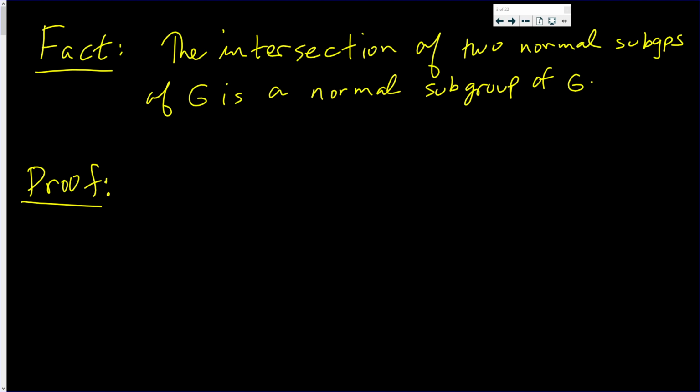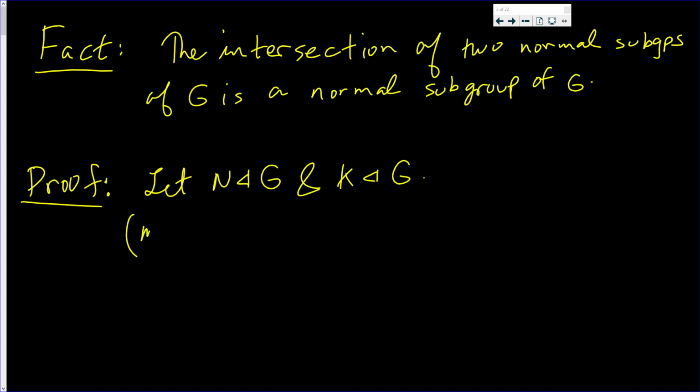So, the intersection of two normal subgroups of G. We need to show that it's a normal subgroup of G. So let us start off with two normal subgroups of G. Let N be normal in G and K be normal in G. Now, I want to show that N intersect K is normal.